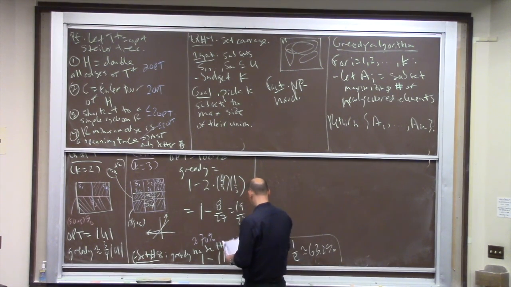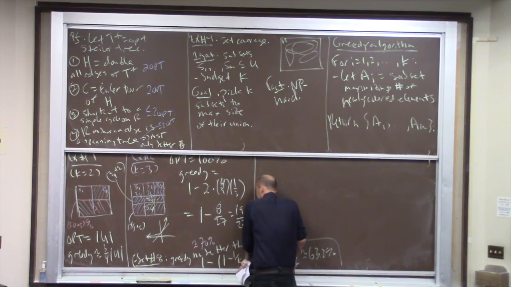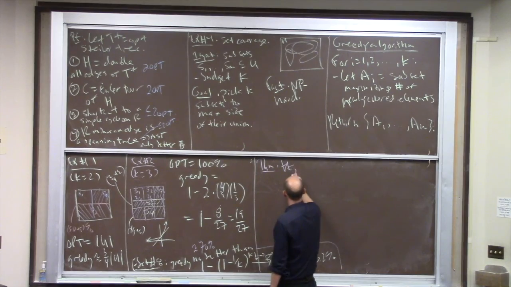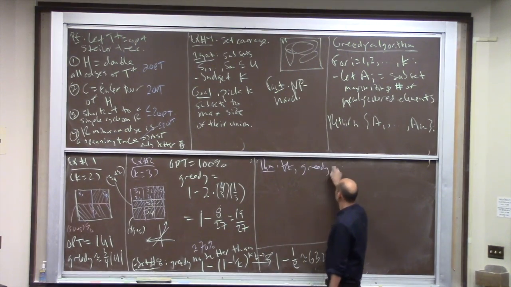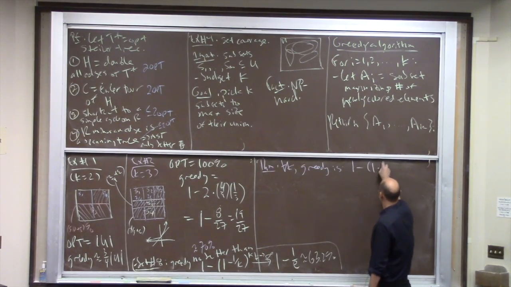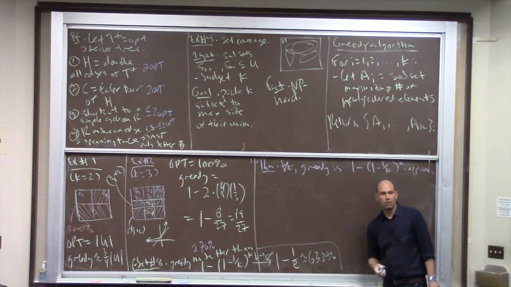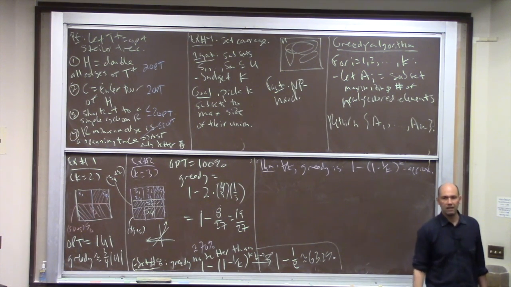So, theorem. For all k, greedy is in fact a 1 minus 1 over k to the k approximation. And so in particular, it's always a 1 minus 1 over e approximation, and it's better if k is small.